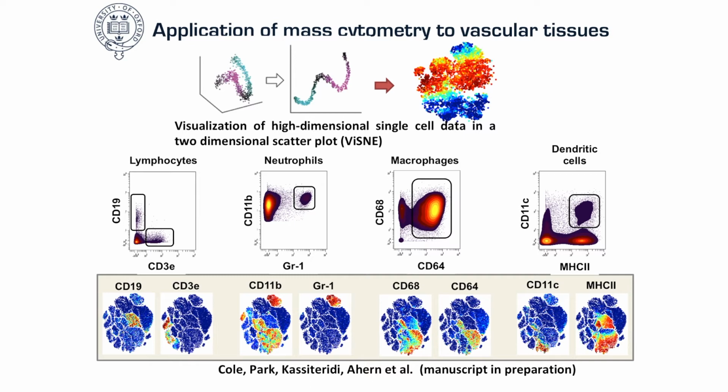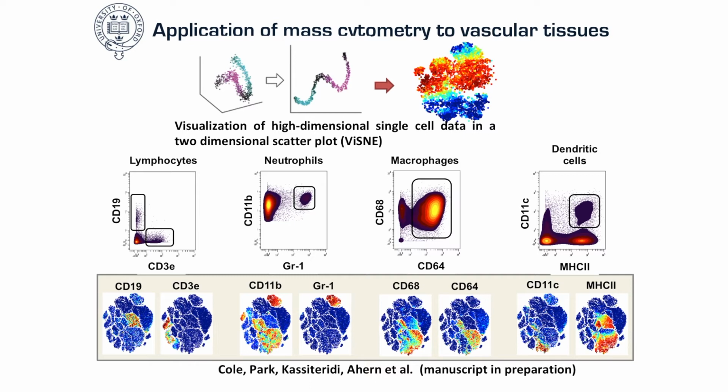These are studies we performed in hypercholesterolemic mice, which are deficient in apolipoprotein E. And I want to show you how easy it is to identify several cell subsets and what we call the immune landscape of this aorta by adopting this technology.